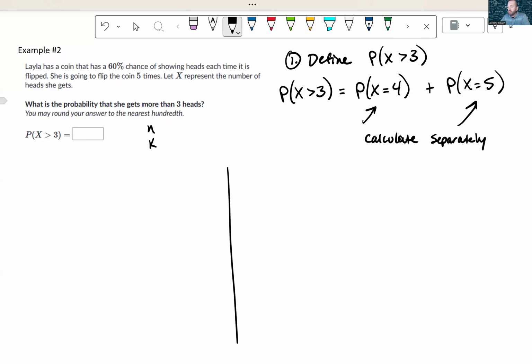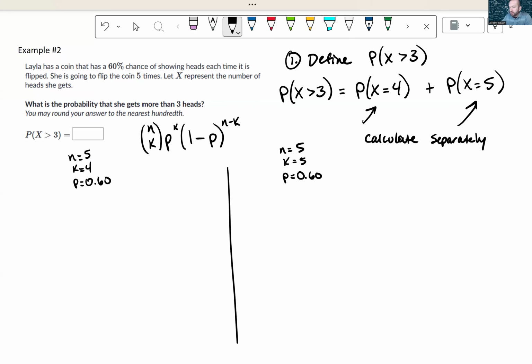We have n choose k times p to the k times 1 minus p to the n minus k. All right, so we're going to find where k equals 4 over here, and over here we'll do k equals 5. And so our probability remains the same for both, 0.60. And I like to just write all this out. It helps me to keep everything organized. And the number of times is 5 for both also.